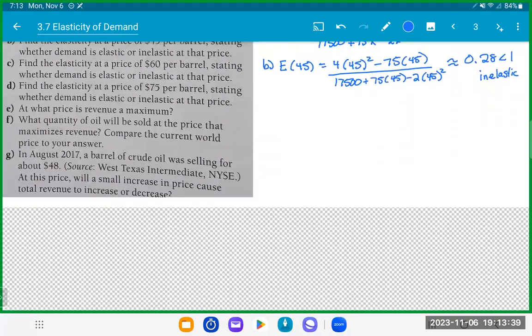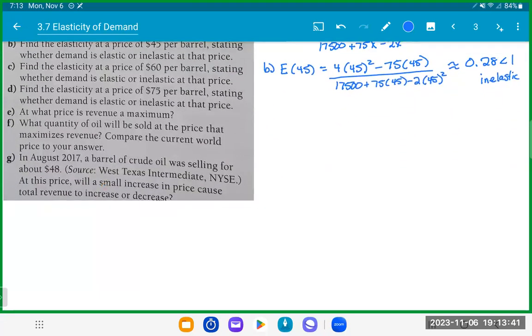Okay. So here, let's look at if the oil was $60 a barrel, right? So you plug it into the formula exactly the same way, and you end up with 0.67. Okay. Again, that is less than 1, so you're still inelastic. And then finally, they asked us to take a look at $75 a barrel.